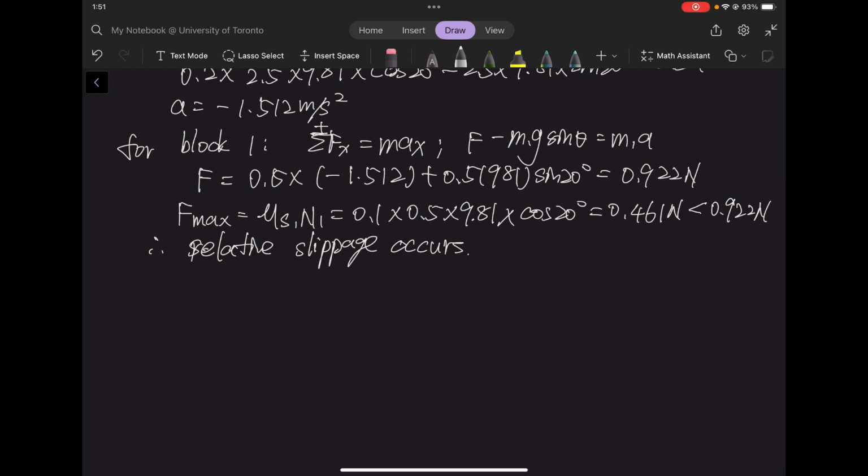Then we need to recalculate the acceleration for block number 1 because the acceleration for the whole system cannot be used as A1 again.